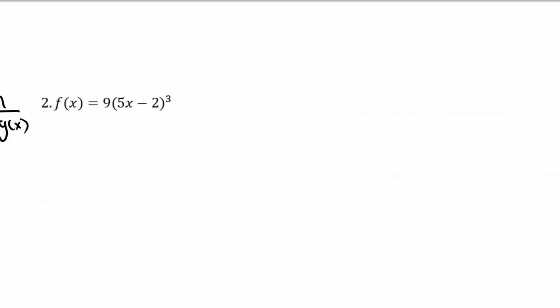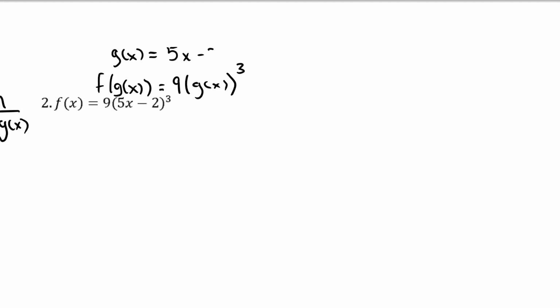Give it a go. So this is our f of g of x, where our outside function is that g of x cubed, and our inside function is 5x minus 2.